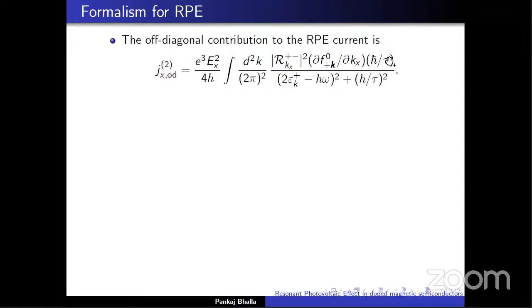The third thing is tau, which is a relaxation time. And the fourth thing is that we have in the denominator twice epsilon minus h bar omega, because when we solve the Green's function, we have epsilon k plus minus, epsilon k minus h bar omega, stuff like that.